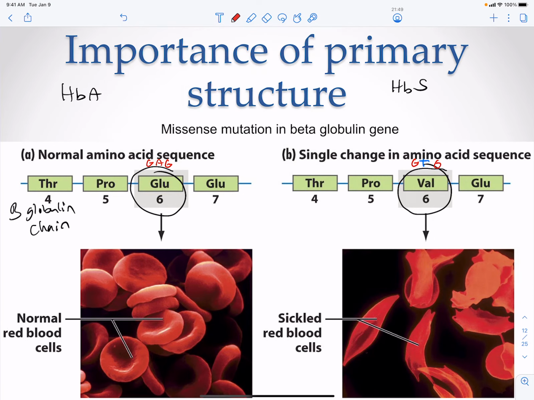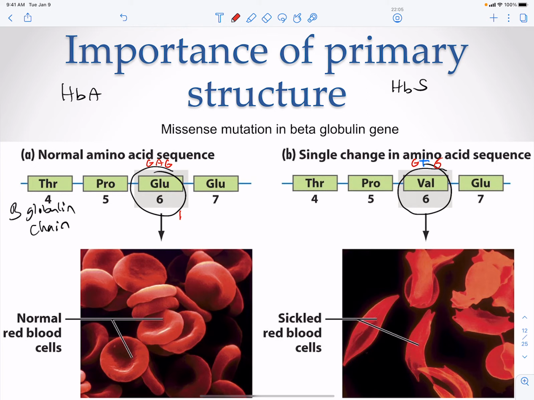By changing that second position, going from adenine to thymine, you're going to change the amino acid from glutamic acid to valine.